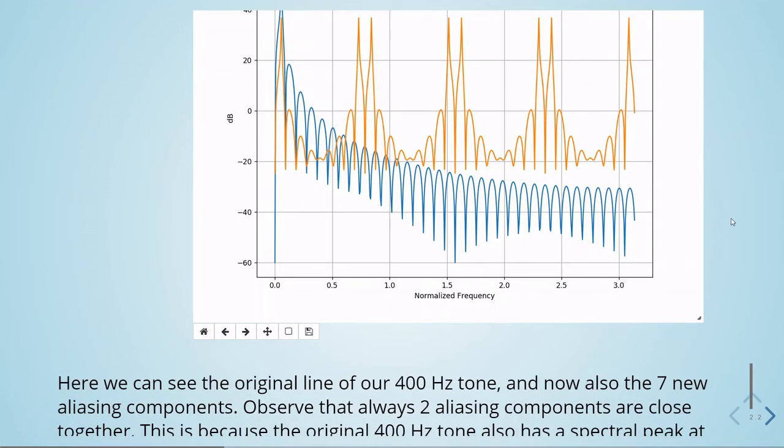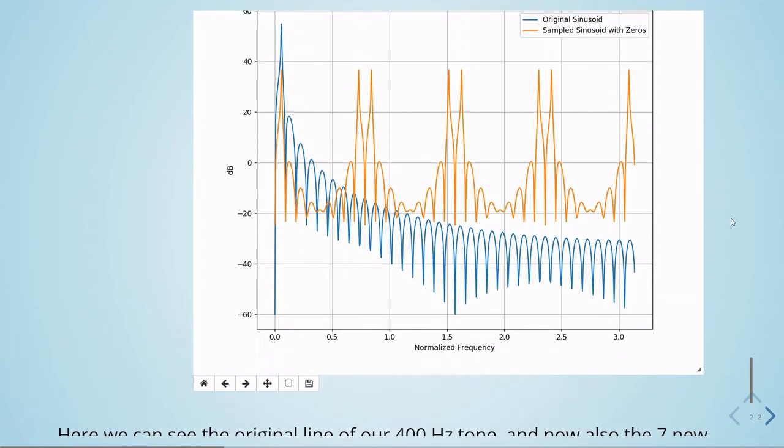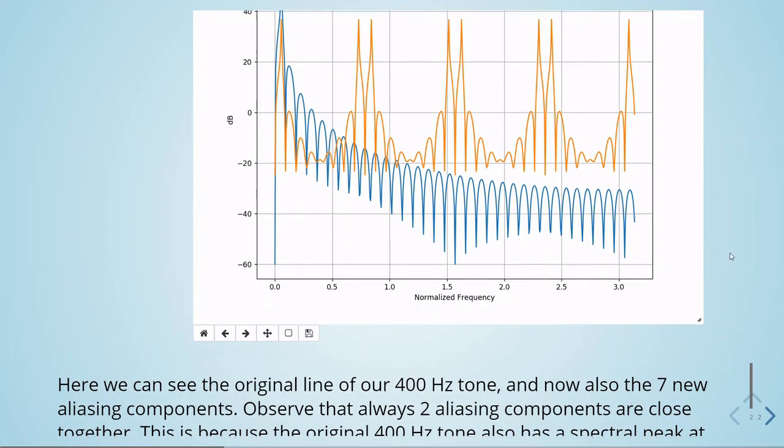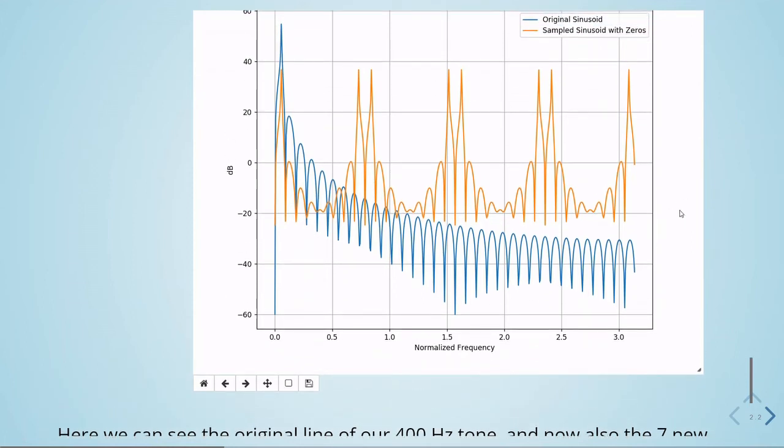It's very interesting to note that we still have our 400 hertz tone, but also we have 7 new aliasing components: 1, 2, 3, 4, 5, 6, 7.